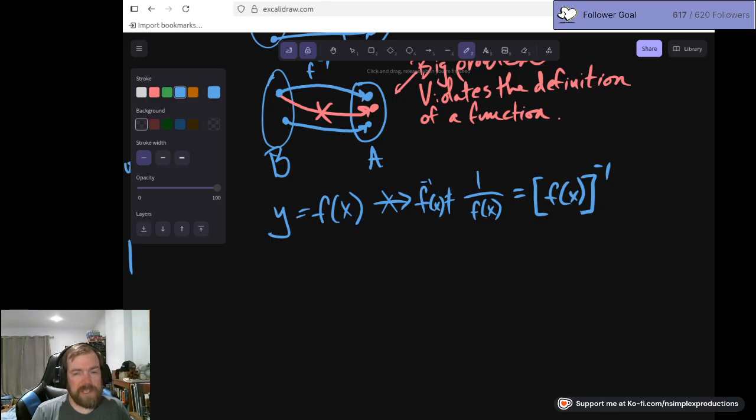Right, so instead what we want to do is to find a logically consistent route by which to turn y equals f of x into f inverse of y is equal to x.